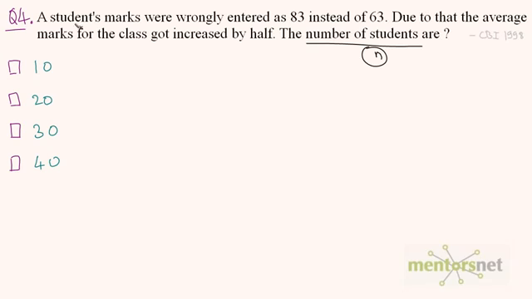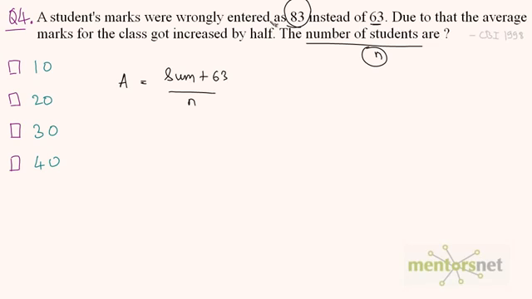So when this student's marks are considered as 63, which are the original marks, then the average can be written as A equals sum of the rest of the students plus 63, divided by n.